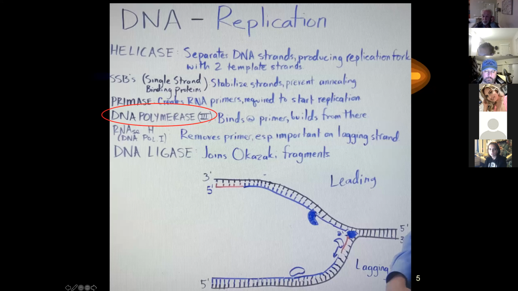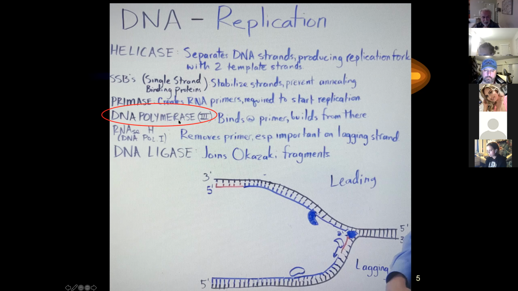I took a screenshot of part of his presentation just to preserve for your record the different enzymes in DNA replication and what they do. And I've circled DNA polymerase 3 because the replication of DNA is really just DNA polymerase 3 making a copy of the template.